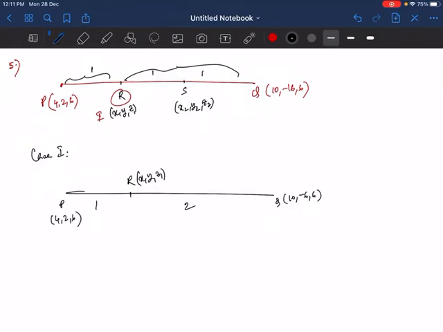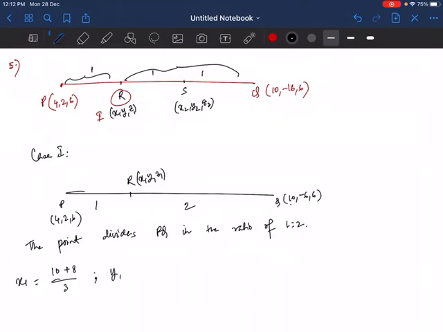So I will write here the point R divides PQ in the ratio of 1 is to 2. Now we can easily find the coordinates of R. First, let us find x1. x1 will be (1 into 10, that is 10, plus 2 into 4, that is 8) divided by (1 plus 2, that is 3).